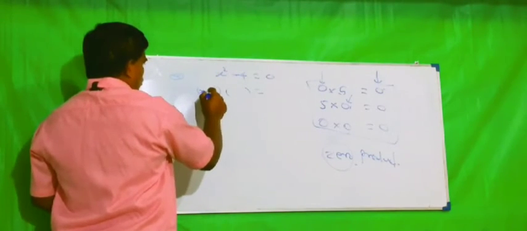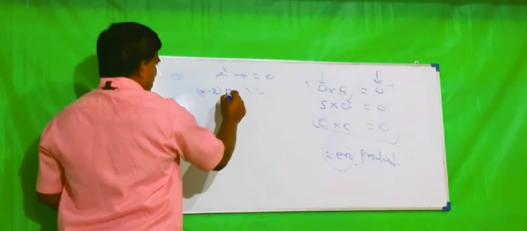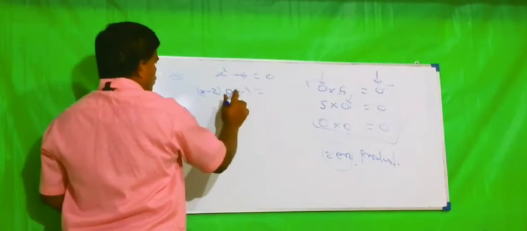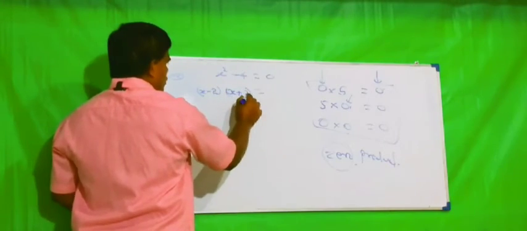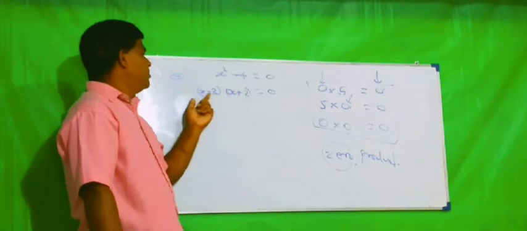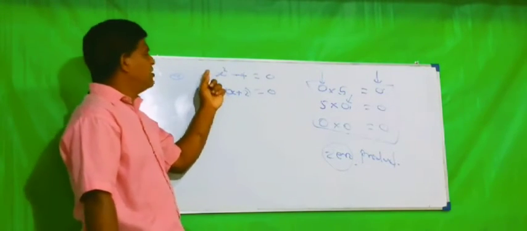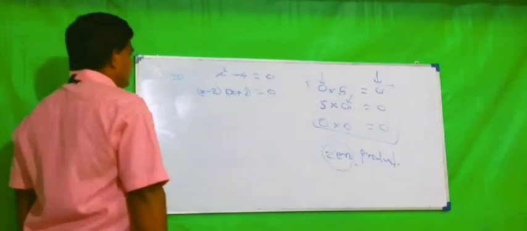Now we can put the factors as s minus 2 into s plus 2 equals 0. This is the product of factors of the initial expression, the difference of two squares.